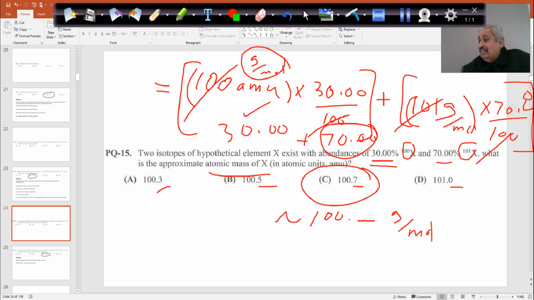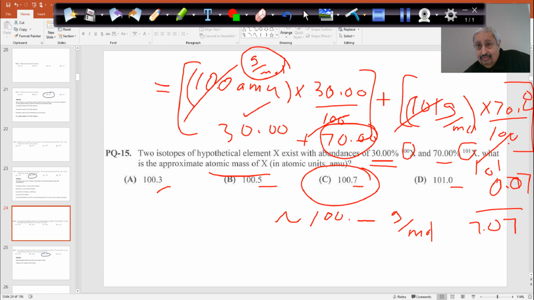This is 70 over 100, that's 0.7 multiplied by 101. So this is 70.7, something like this, correct? I'm looking for the decimal. So you can do this exact calculation because it has a decimal there.